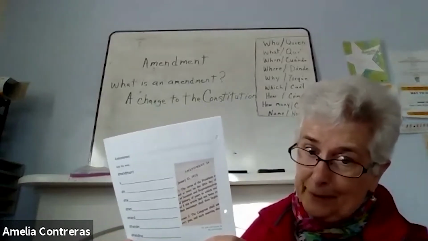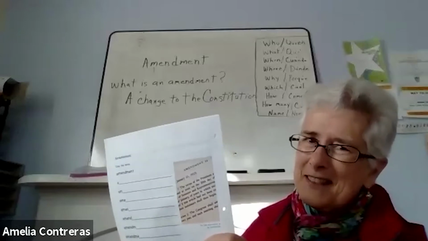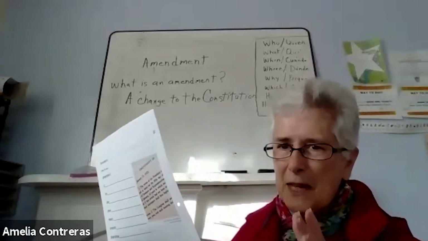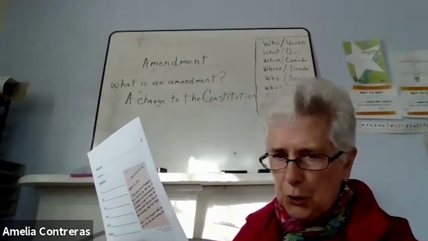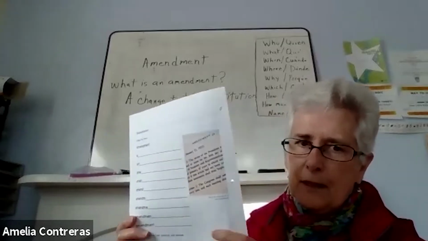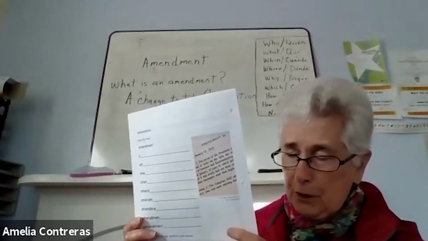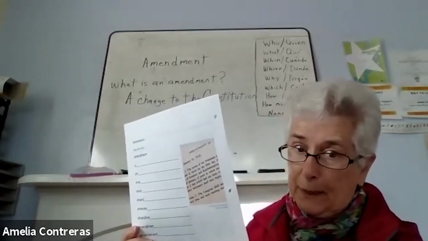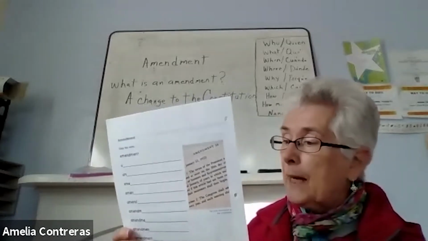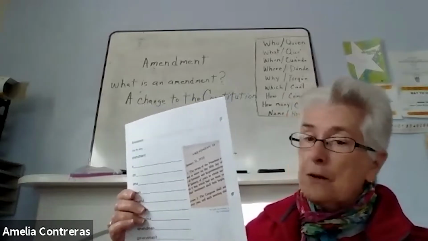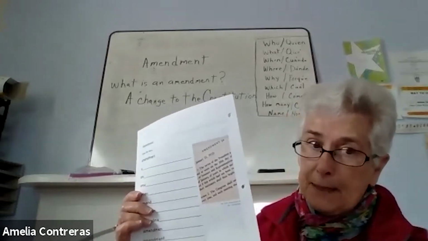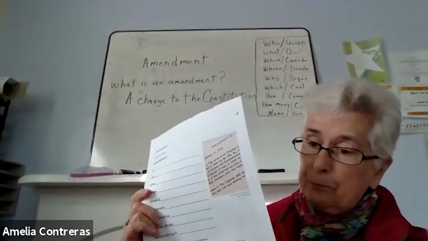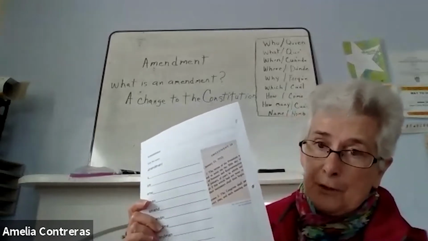Up until that time, everybody had 2 terms. He died in office, so he didn't complete 4, but he was elected 4 times. And so they passed an amendment saying that the president could only have 2 terms.